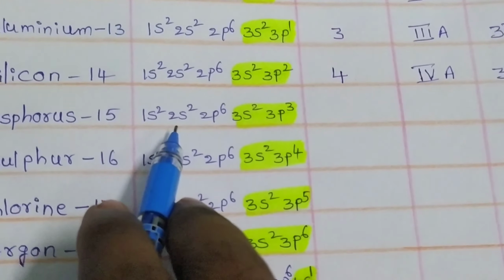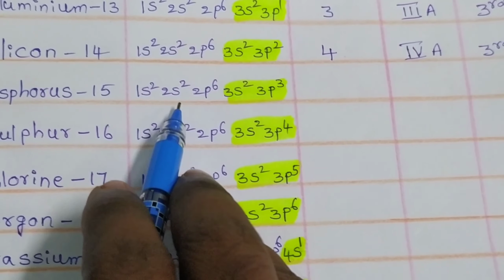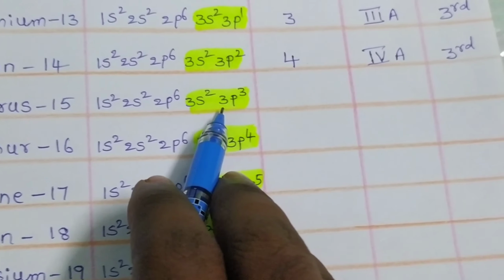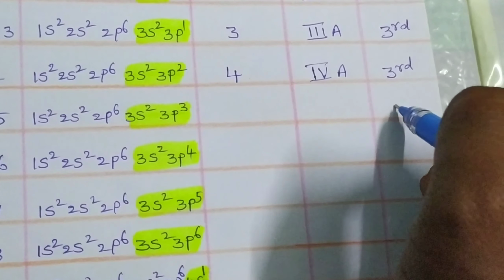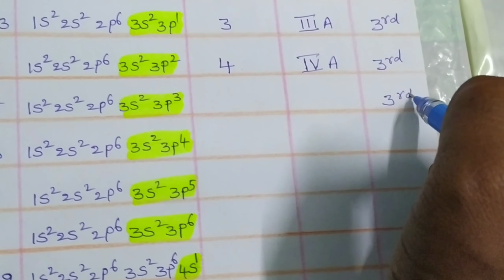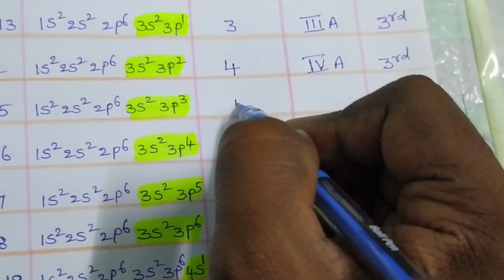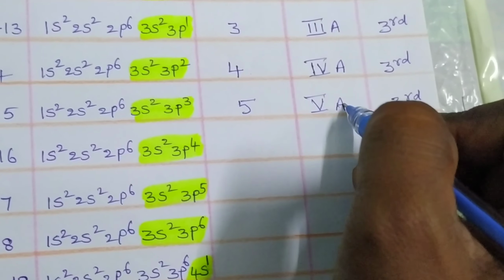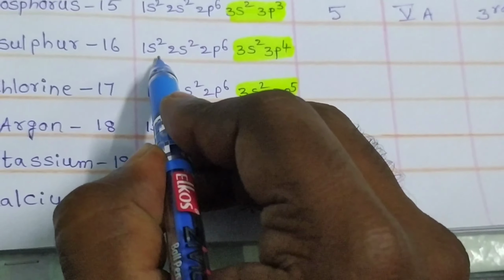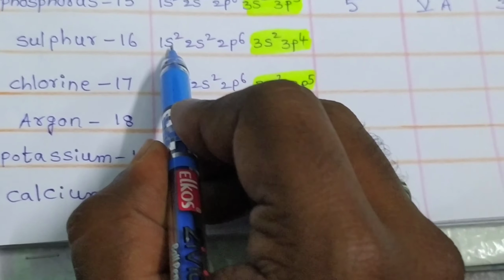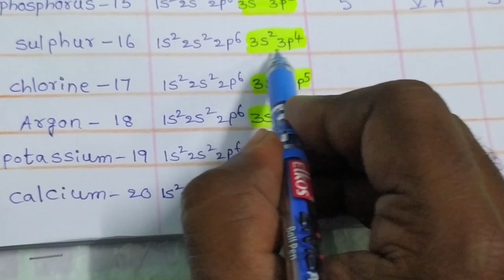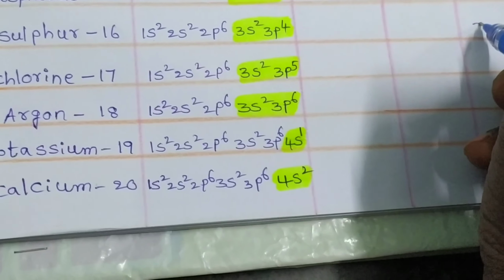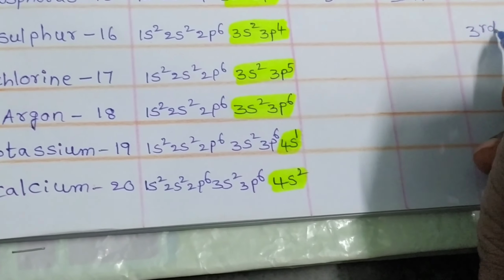Next, phosphorus. Electronic configuration is 1s2, 2s2, 2p6, 3s2, 3p3. The outermost orbit is third orbit, so phosphorus is present in third period. It contains 5 valency electrons, so phosphorus is present in fifth A group. Next, sulfur, with electronic configuration 1s2, 2s2, 2p6, 3s2, 3p4. The outermost orbit is third orbit, so sulfur belongs to third period.